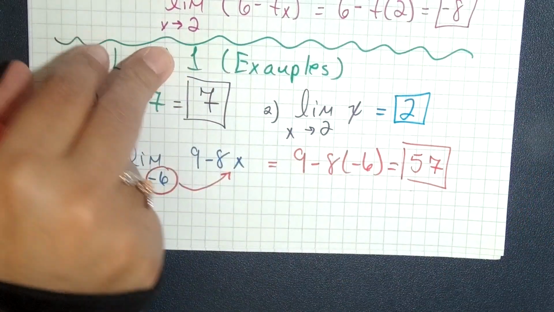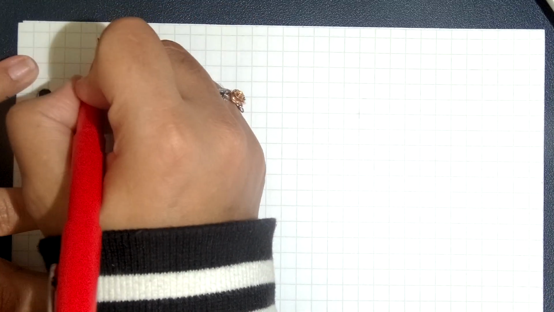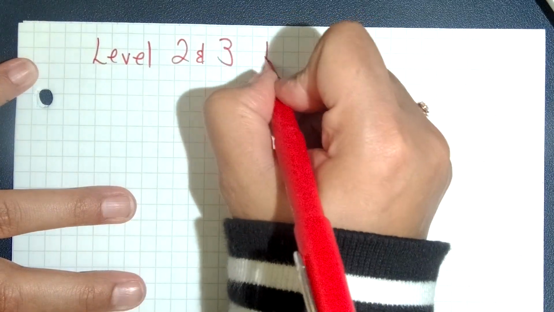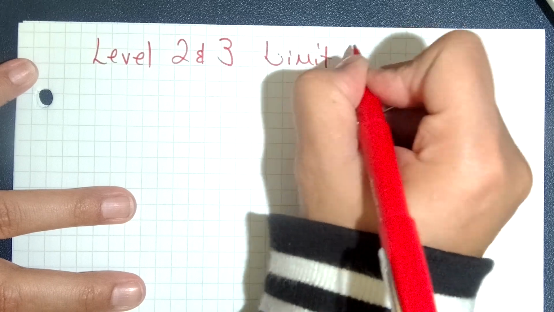All right. So let's now move on to level 2 and 3 laws. These are level 2 and 3 limit laws.